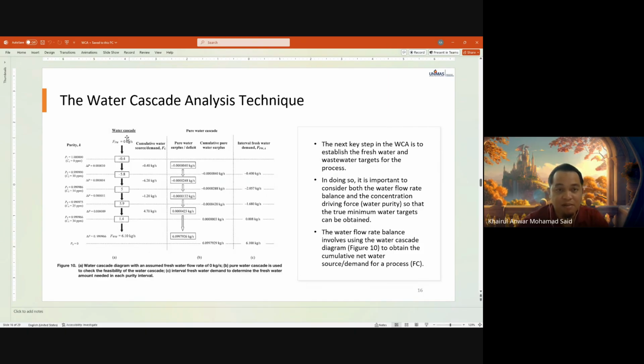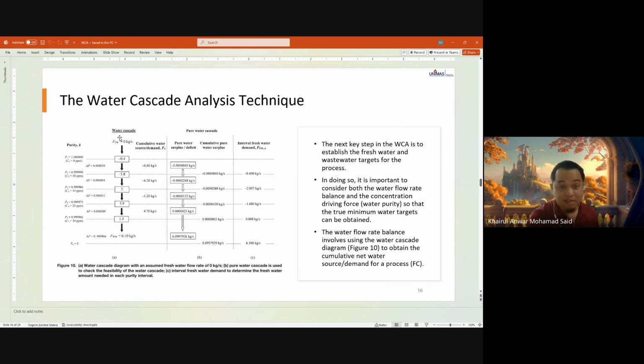The wastewater flow rate is 6.1 kg per second. This is based on 0 fresh water flow, but it's not possible. Any system still needs freshwater feed, even though you do regeneration. Later we learn about regeneration, how to reduce the freshwater feed required.